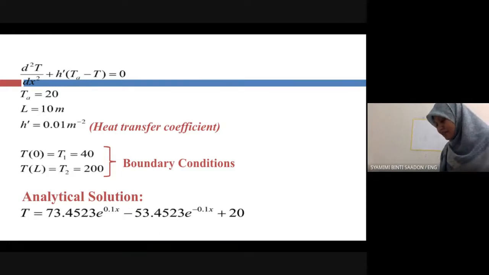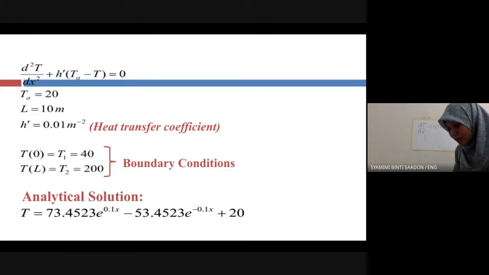We have this second order heat transfer equation: d²T over dx² minus 0.15 T equals 0. Now we're going to try the shooting method. So this is our equation, the example that we're going to do.